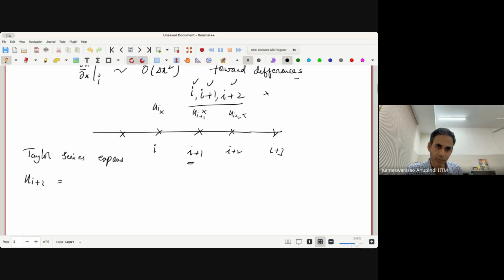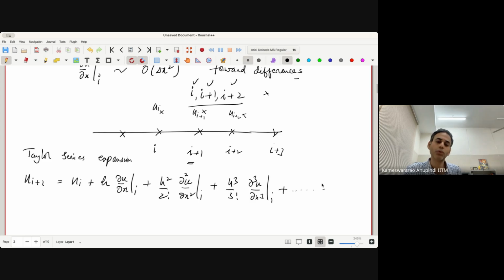I'm going to write this as ui plus h times partial u by partial x at i, plus h square by 2 factorial partial square u by partial x square at i, plus h cube by 3 factorial partial cube u by partial x cube at i, plus, and so on.